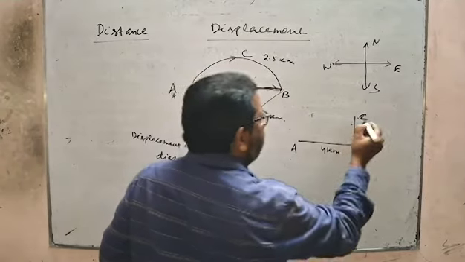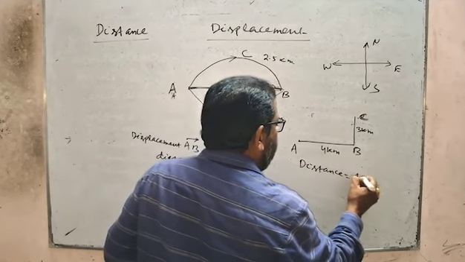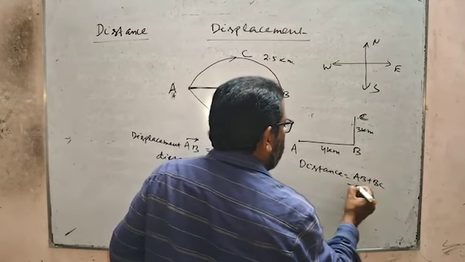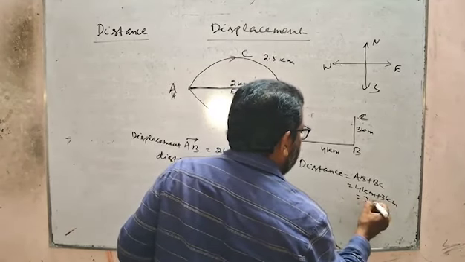What is the total distance covered by the body? Total distance is AB plus BC, 4 kilometers plus 3 kilometers, 7 kilometers.